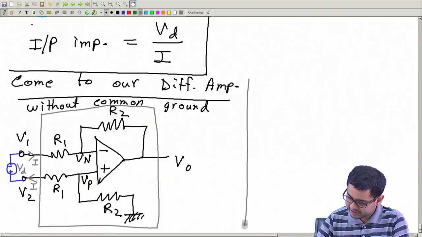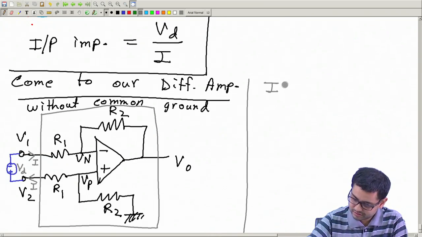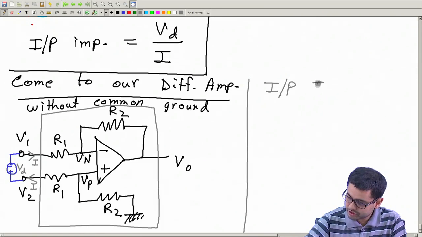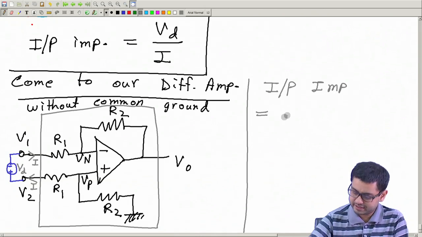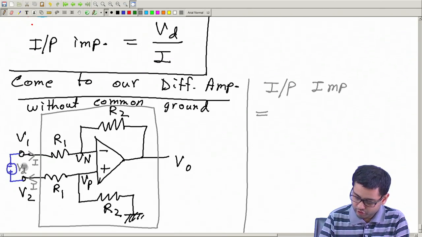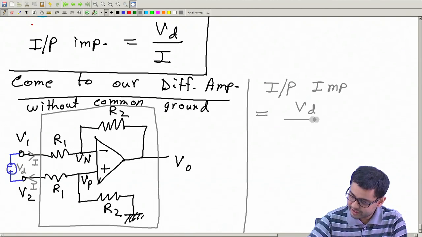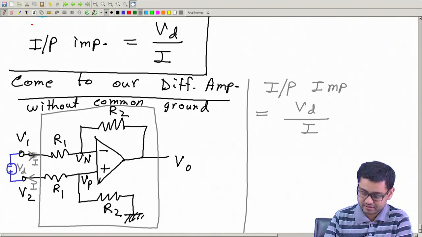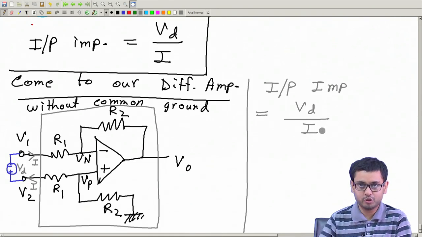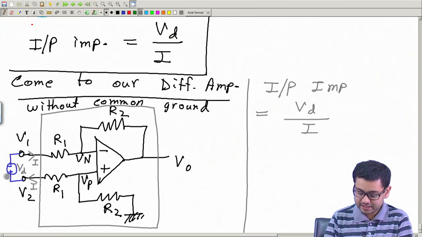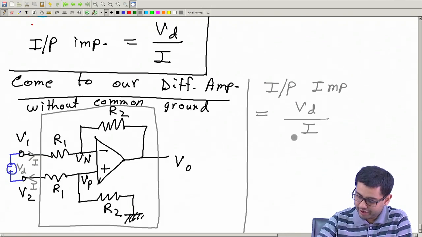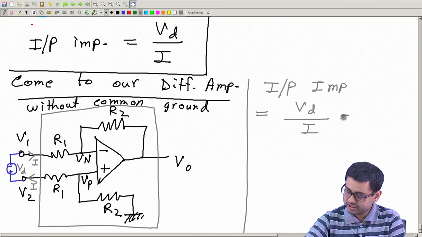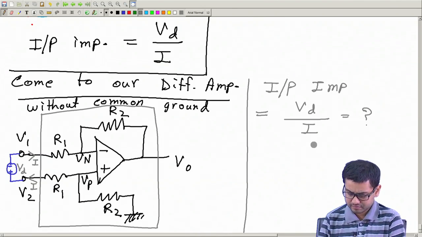Then the input impedance I will define as this voltage VD divided by this current I, input voltage by input current. In this case, the voltage is a differential voltage applied. So let's now find out how much this is equal to.